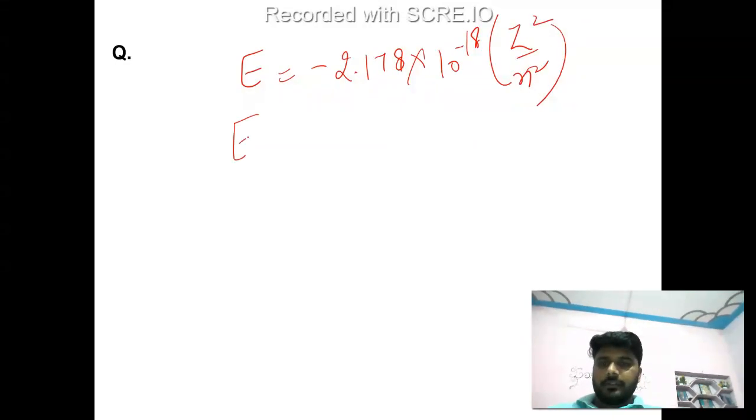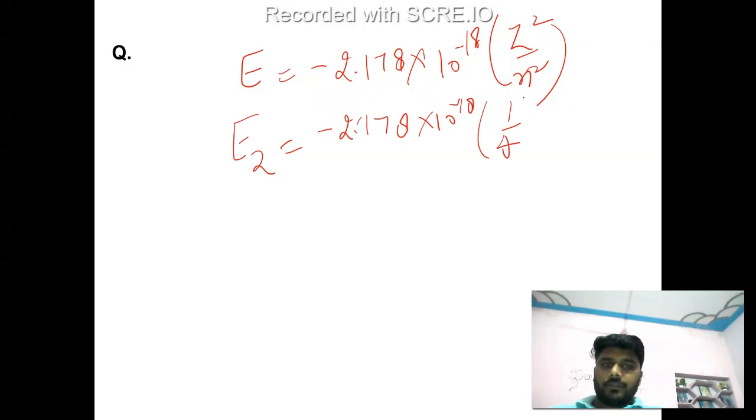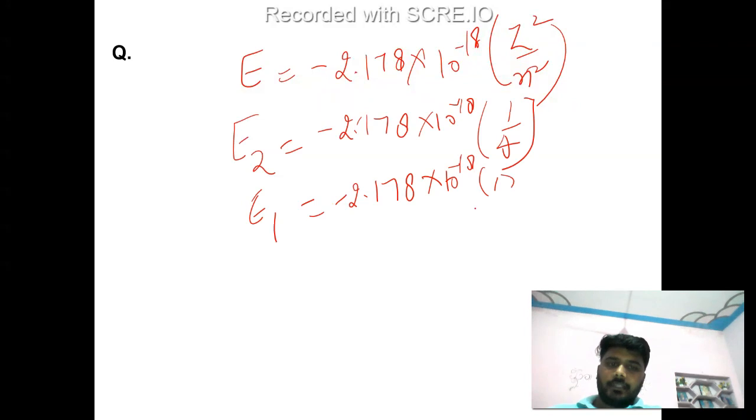So E2 will be minus 2.178 into 10 raised to minus 18 into 1 by 4, and E1 will be minus 2.178 into 10 raised to power minus 18 into 1.